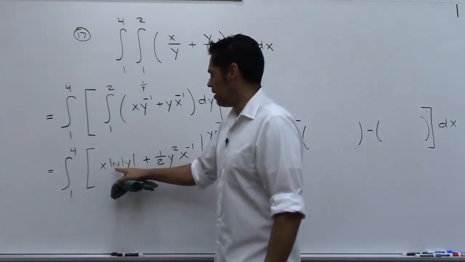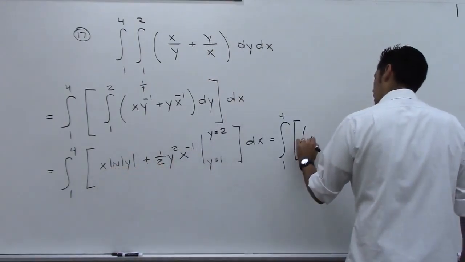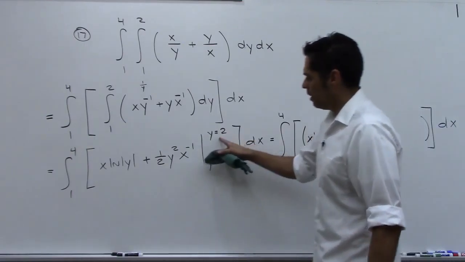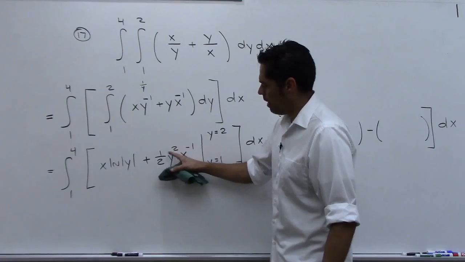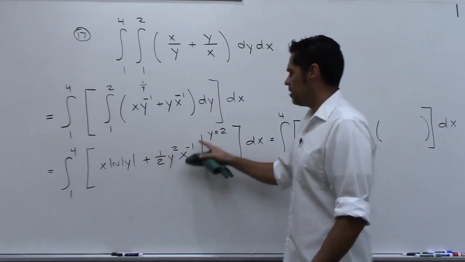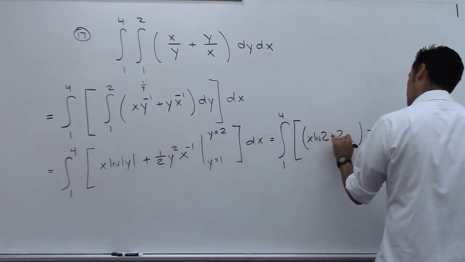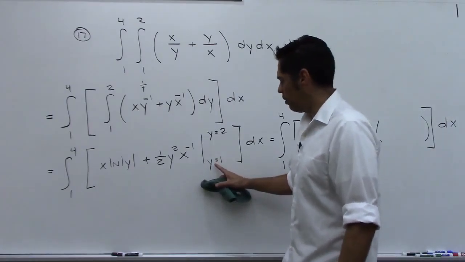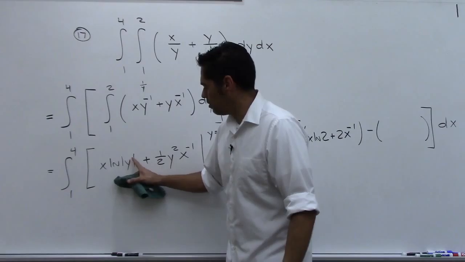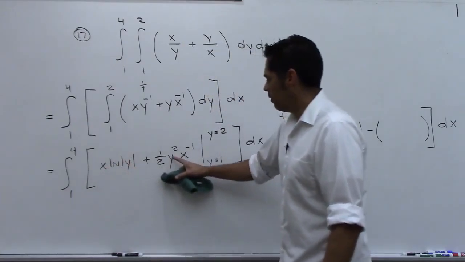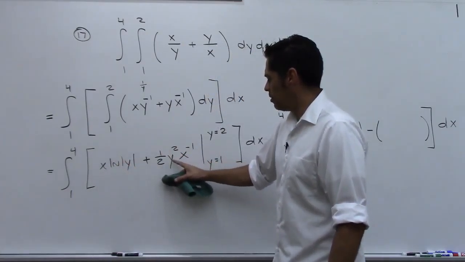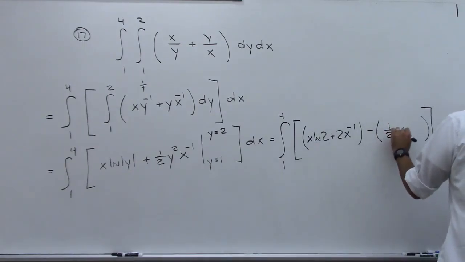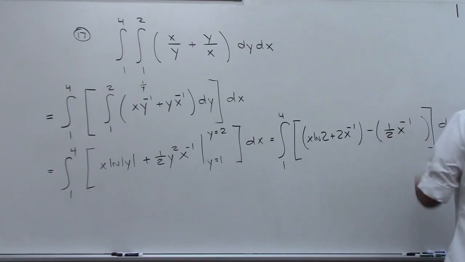You get x times natural log 2 plus, you plug in 2 here, 2 squared is 4, half of 4 is 2, 2 times x to the negative 1. And then now let's plug in 1. If I plug in 1 for y, natural log of 1 is 0, so that's gone. Plug in 1 here, we get 1/2 times 1 times x to the negative 1. So that's just going to be 1/2 x to the negative 1.